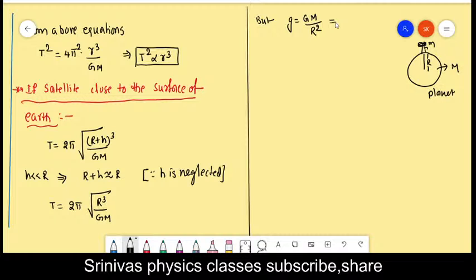Now, from g equal to GM by R squared, GM is equal to gR squared. We substitute this in the equation, then we will get 2 pi under root of R cubed by GM, where GM is gR squared. Then we will get time period is equal to 2 pi under root of R by g.